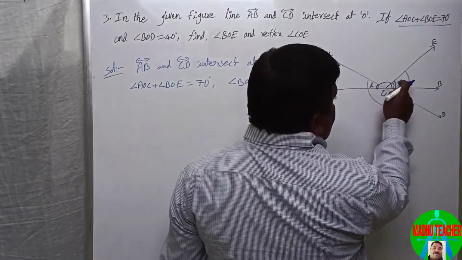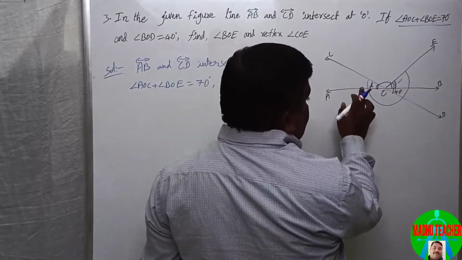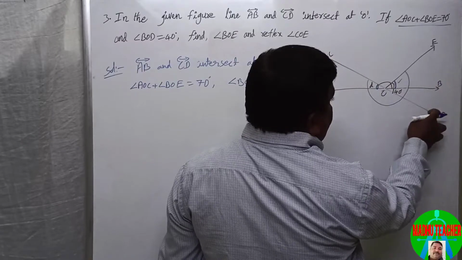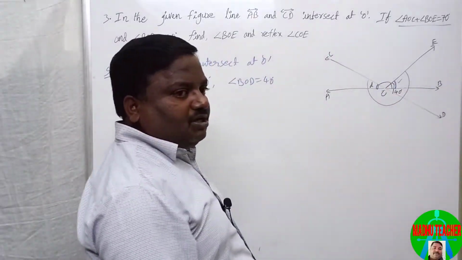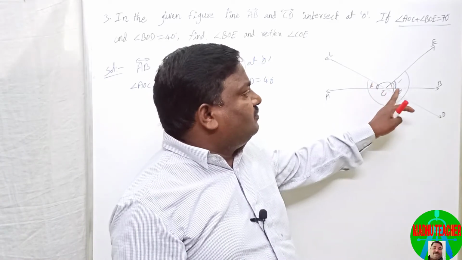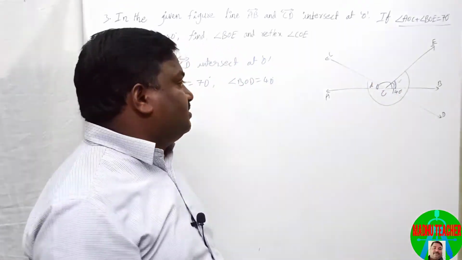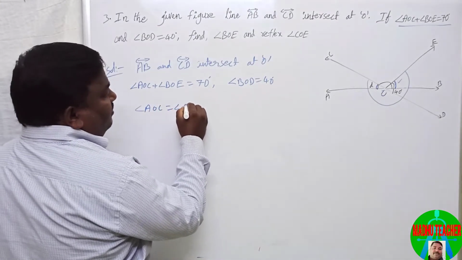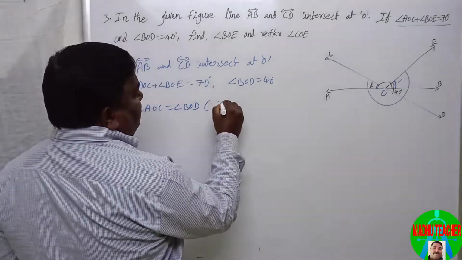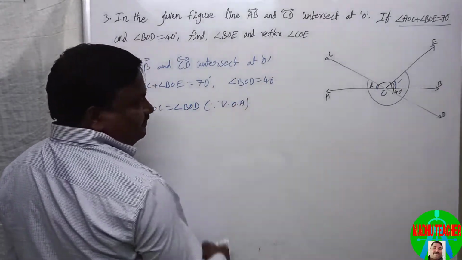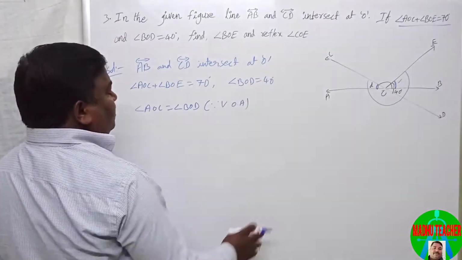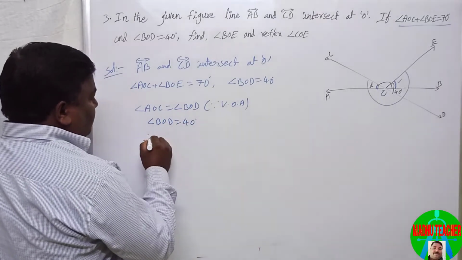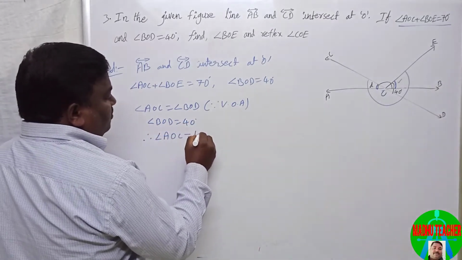So by observing this, AOC and BOD are equal. Why are they equal? These two are vertically opposite angles. So therefore angle AOC equals angle BOD, since vertically opposite angles. We know that angle BOD equals 40 degrees. Therefore angle AOC is also equal to 40 degrees.